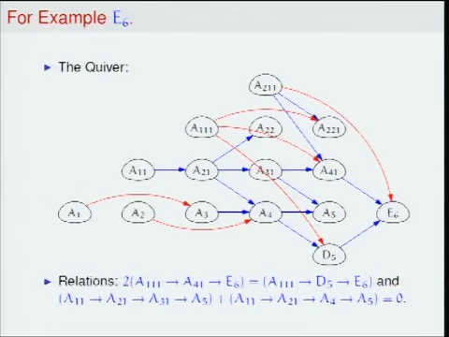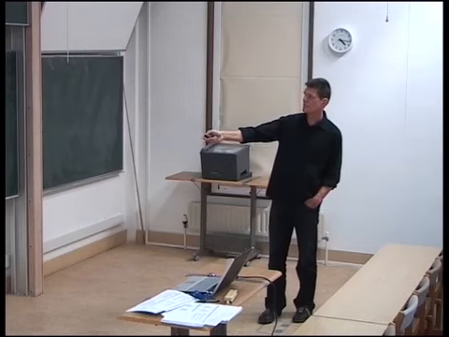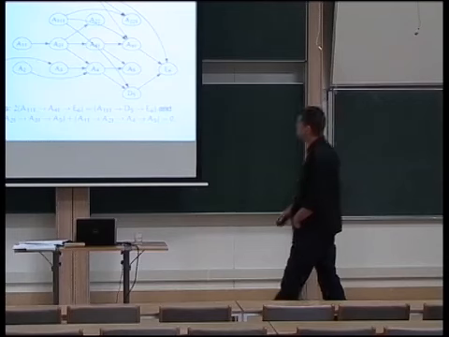We go from here to A41 to E6, and from here to D5 to E6, and it doesn't quite say that these two paths are the same, but up to a factor 2 there. And another relation which actually originates in type A5 starts with A11, A21, and then it goes either A31 to A5 or A4 to A5, the sum of these two paths.